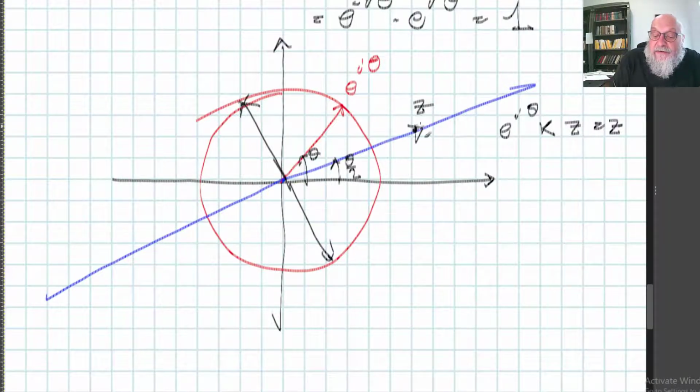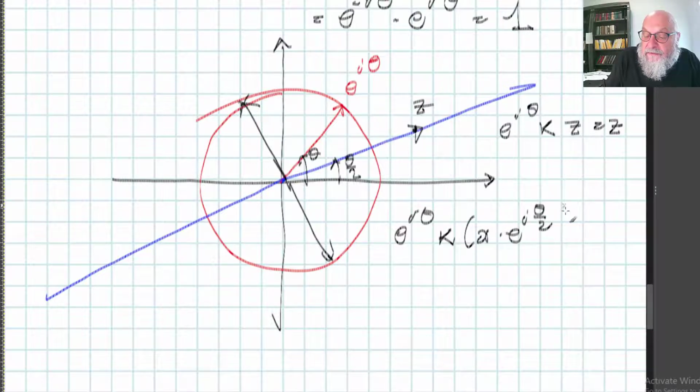If I take the point e^{iθ} kappa applied to x times e^{iθ/2}, we get e^{iθ}, and here we get the conjugation, so this will be x and e^{-iθ/2}.